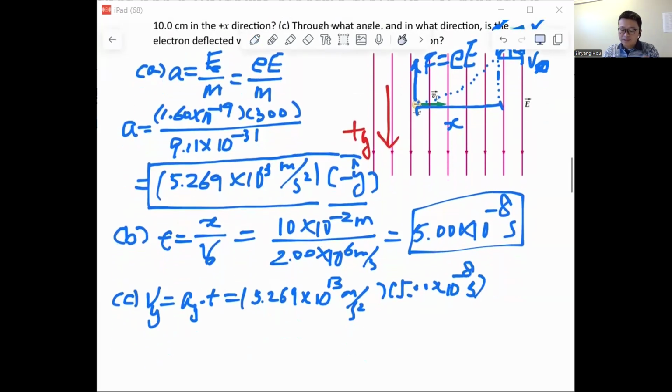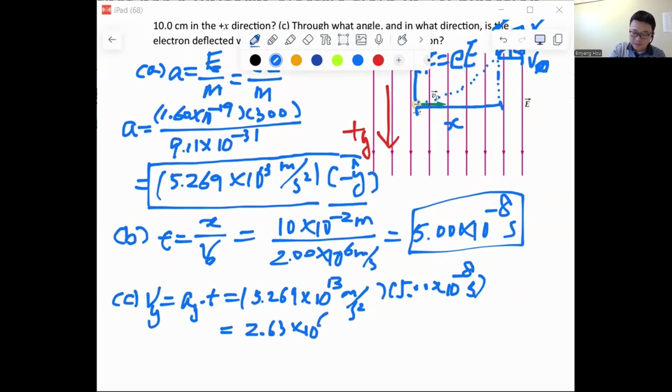That will give us 2.63 times 10 to the 6 meters per second. Just keep in mind this is negative. If you want, we can put a negative sign here, because it's in the negative y direction.